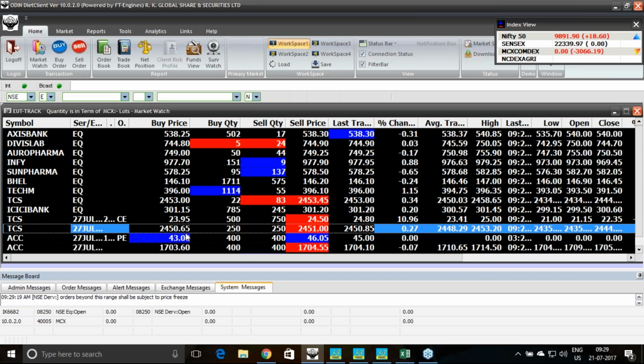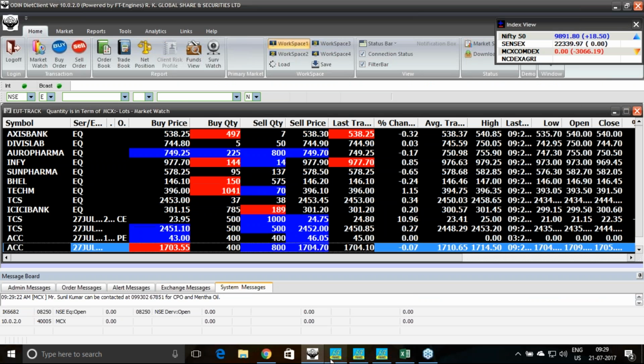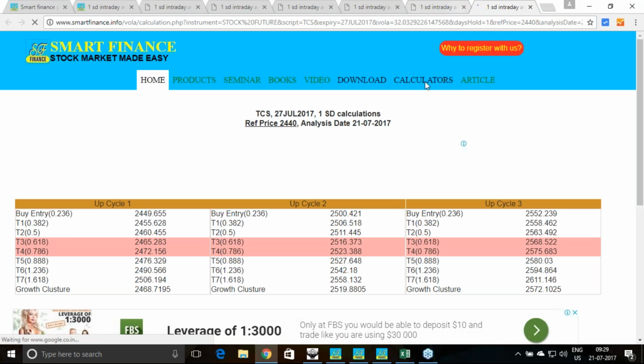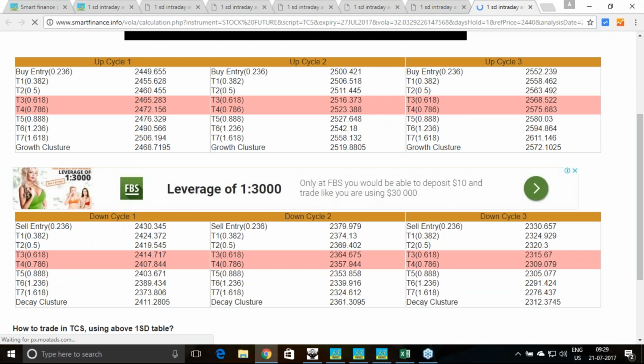Now we will do the same for futures analysis, TCS and ACC. For TCS and ACC, I will be going for stock futures, starting with TCS. I will load the data and we will calculate. So the TCS analysis has come: 2449.65, 2430.